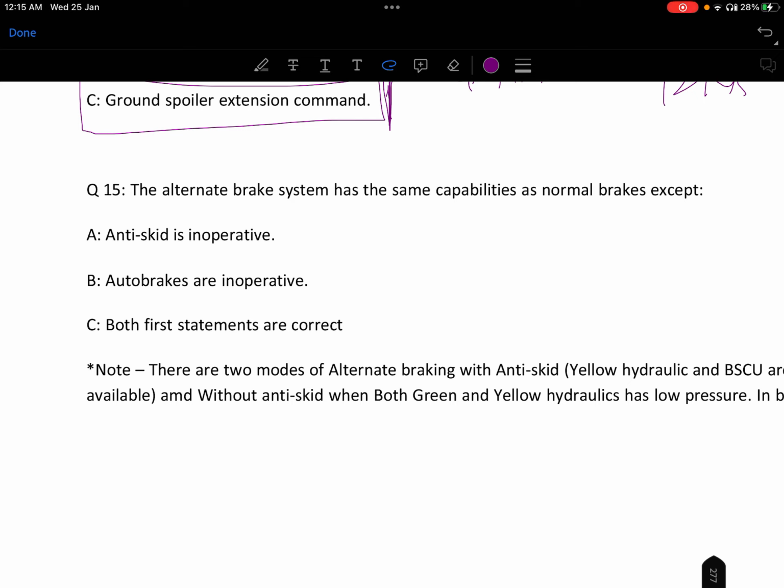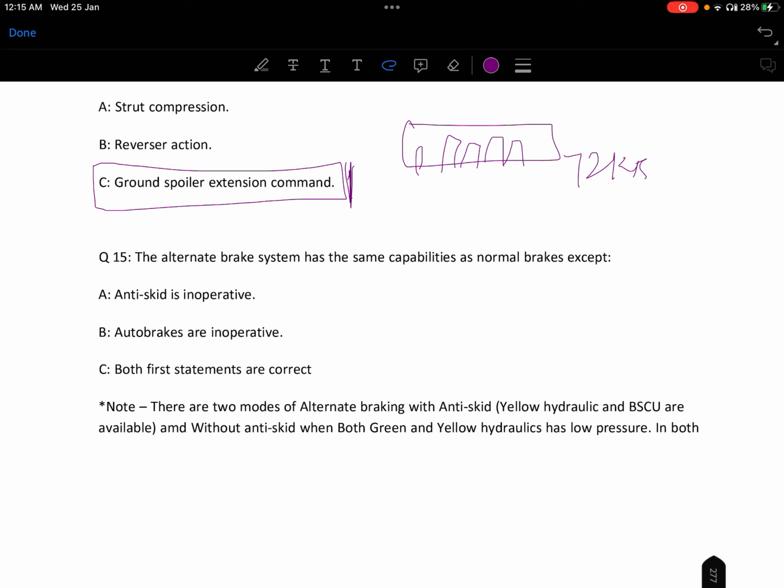One is with anti-skid, when you have yellow hydraulic and BSU available. Another is without anti-skid, when you do not have BSU. But in both modes, auto brake is inoperative.